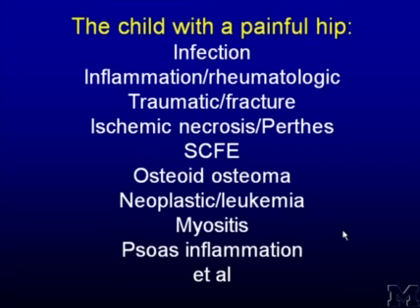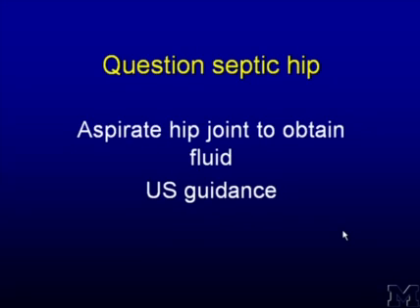A child with a painful hip can have a multitude of causes, but our question here is whether or not this child has a septic hip, or bacterial infection within the fluid, which is really an emergency, because if that's not treated properly, this child can get a very, very damaged hip, which will follow the child forever and might even end up needing a hip replacement later.